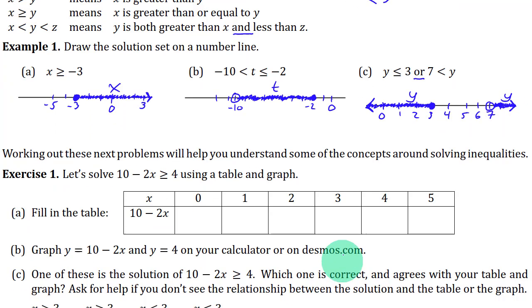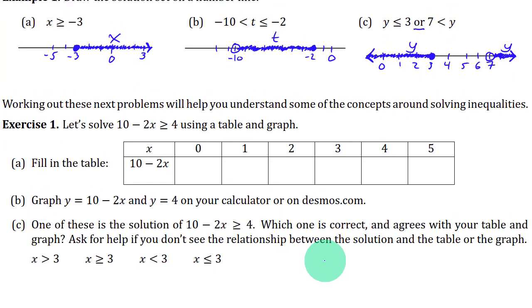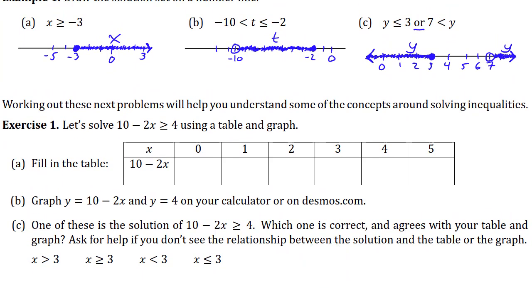These exercises are good ones for you to pause the video and do yourself. They're definitely important to help you understand some of these concepts about inequalities. So let's pause it, and after I stop whistling, I'll show you the answers.